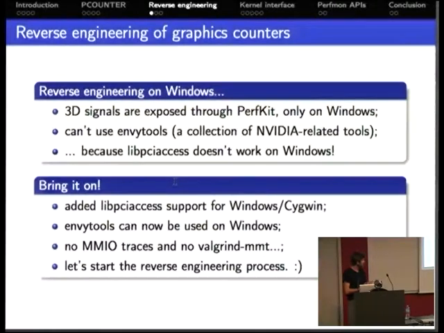So to deal with this problem, I added libpciaccess support for Windows and Cygwin. So now we can use nvtools on Windows, but we still don't have MMIO traces, and we don't have Valgrind MMT. But anyway, we can start the reverse engineering process.